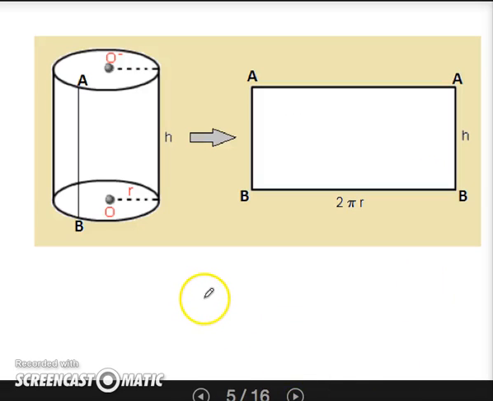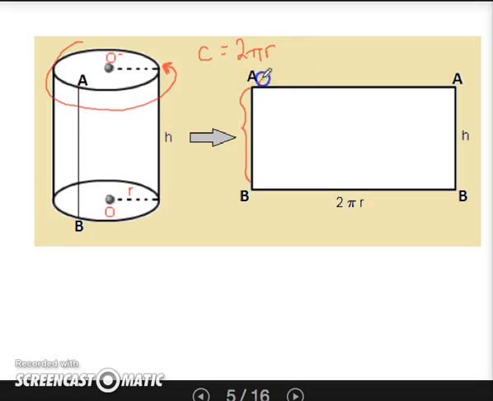So one thing that immediately follows from this idea is we can now know what the formula is for the lateral surface area of a cylinder, because as we've just been saying, it's like wrapping a label around a can. So the label would have to have a height of the same height as the can. That would be h. And the distance around the can, which is also known as circumference, is 2 pi r.